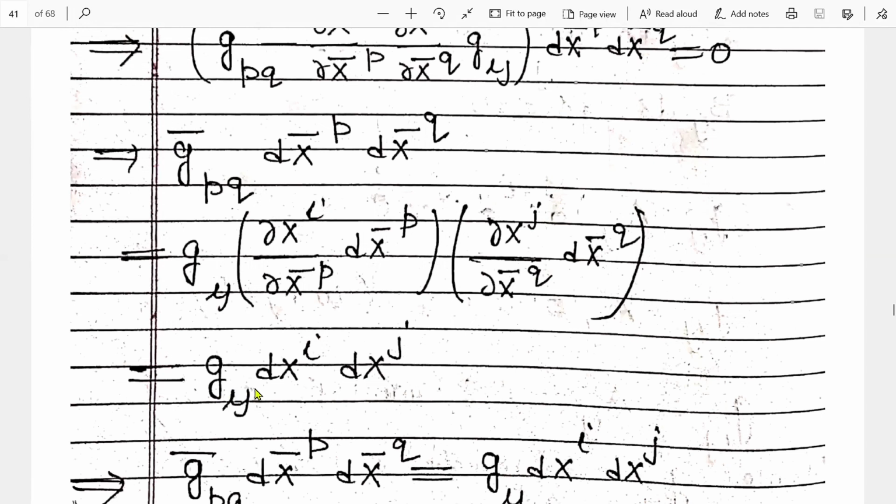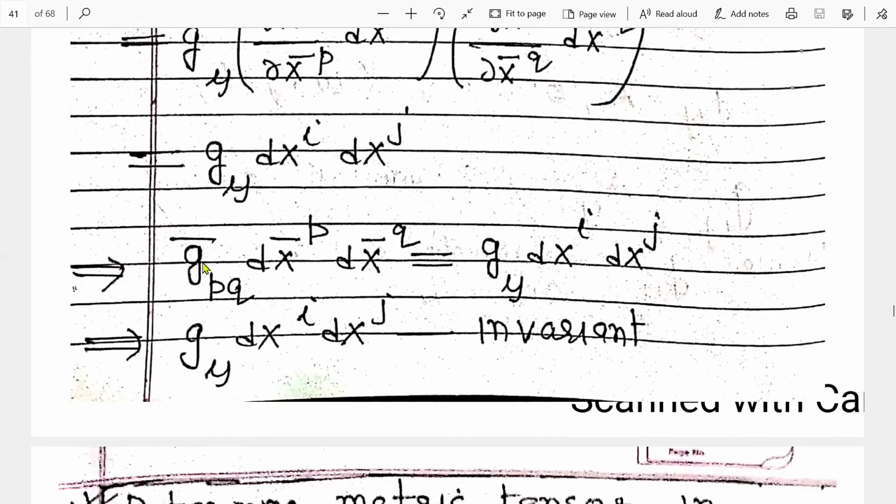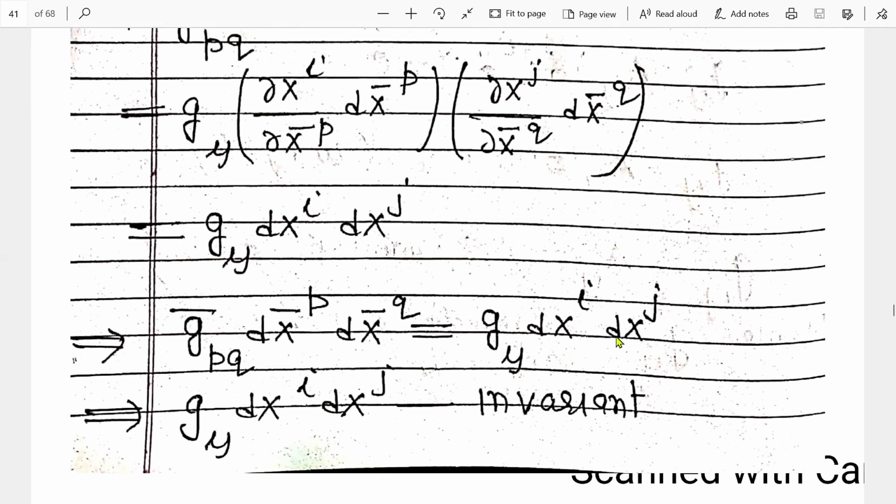So we get Gij dxi dxj. So we get G pq bar dx bar p dx bar q, which is equal to Gij dxi dxj. It implies Gij dxi dxj is an invariant, which proves the result.